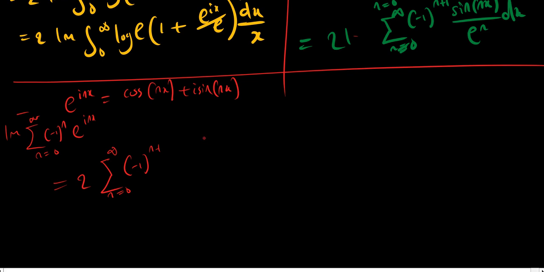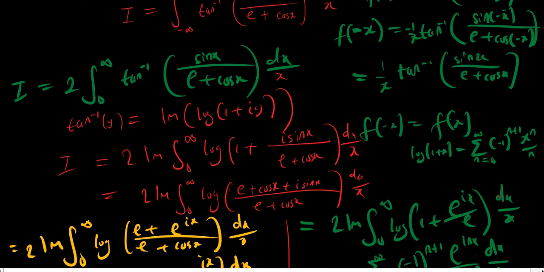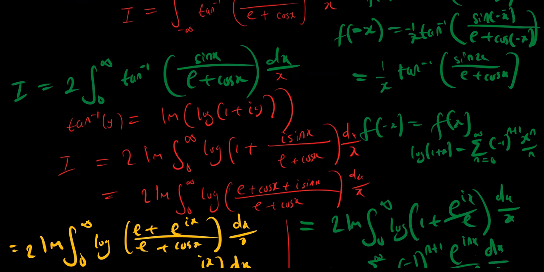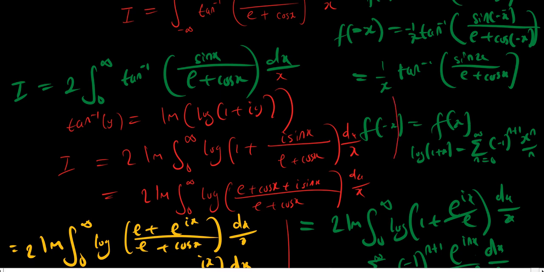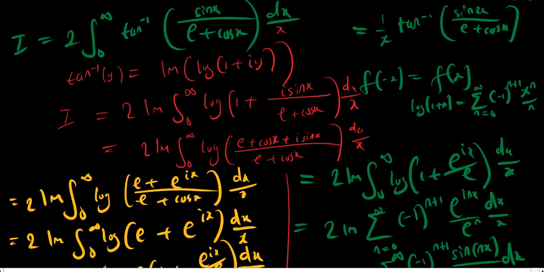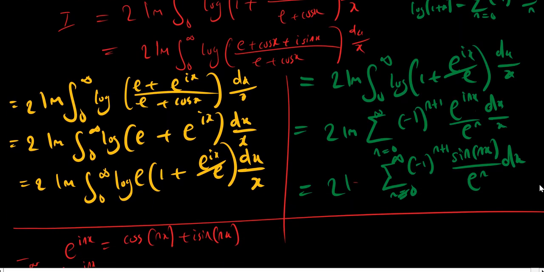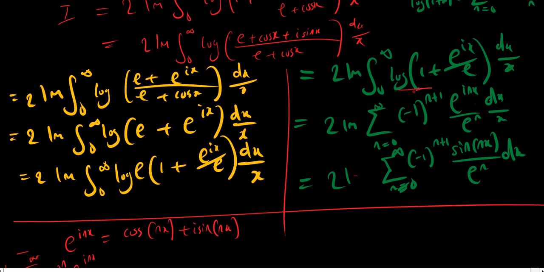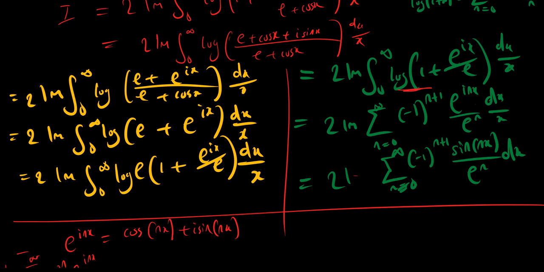Okay, sorry, I think I missed something here. I forgot about the integral all the way, so let's see. Okay, when we get to this sum part here, there is an integral here, so let me just take this out.